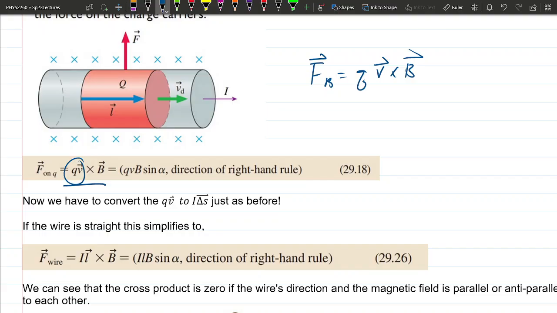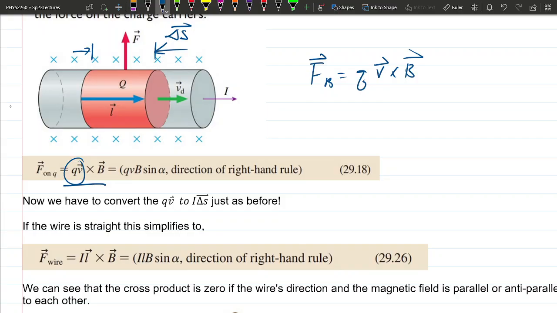So all we have to do is convert this charge times velocity. We actually did this before already, where the charge times velocity is just the magnitude of the current times the little segment of wire, where the length of this wire here is delta S. It's a vector because this little segment of wire can be pointing in any direction you want.